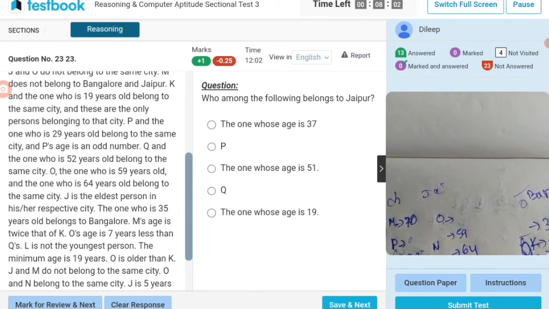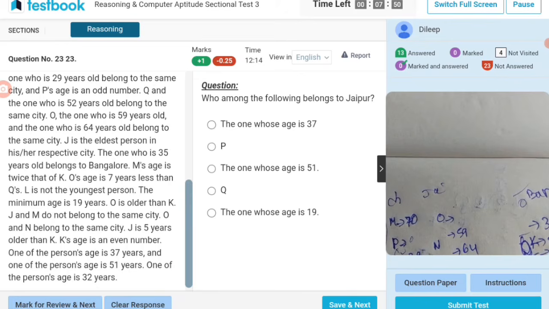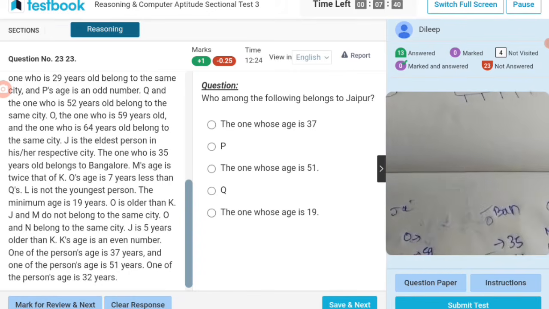L is not 19. O is older than K. J is 5 years older than K. K is even number. Okay. Next.